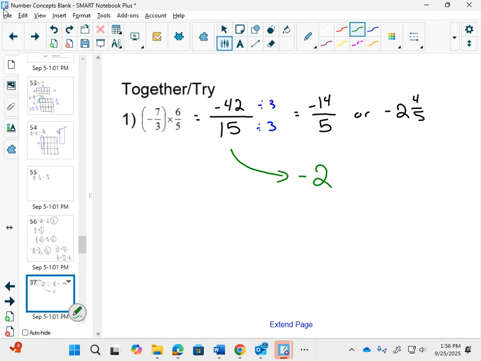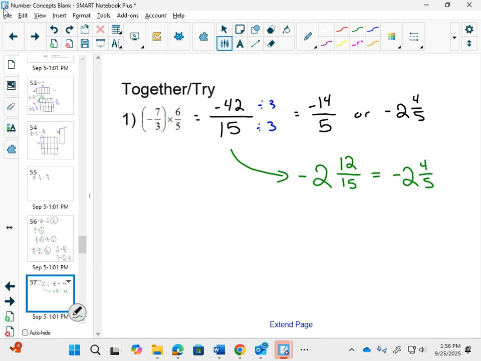And 2 15s is 30, that would leave me with 12 left. And here, easier to see. I can reduce this. I can see easier that I can divide by 3, get the same answer. So sometimes if one thing is hard, maybe you want to change it to that mixed fraction and work with it that way.